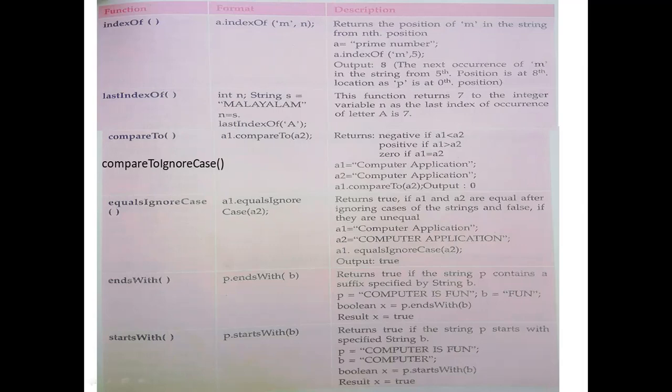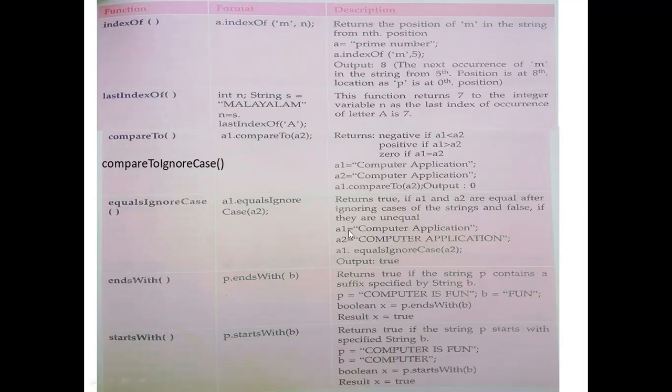Then we learned one function, remember? The equals function we learned, remember? Yes. Now one more, see, I'm coming down here. The equalsIgnoreCase function. A1 has computer application. A2 also has computer application only, right? Both of them have computer application. Are they exactly matching? No, sir. No, right?